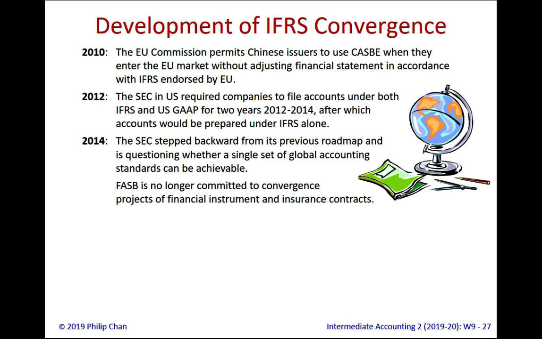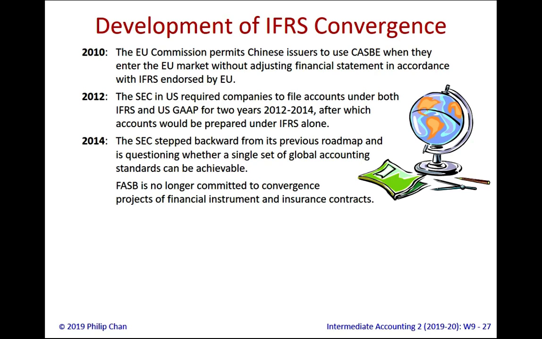And then the FASB, the Financial Accounting Standards Board in the United States, is no longer committed to the convergence project. Usually in the past, IASB and FASB came together and issued financial reporting standards together through a convergence project. In 2014, FASB decided no longer to commit to those projects, particularly those related to financial instruments and insurance contracts.